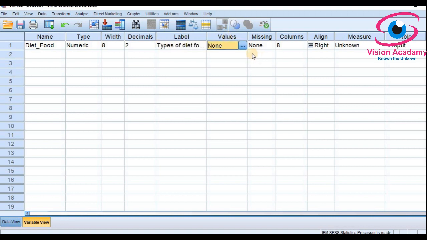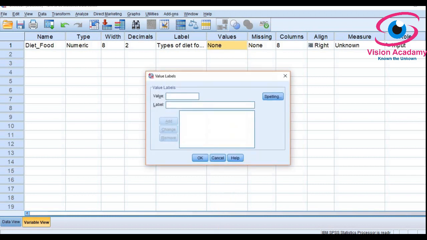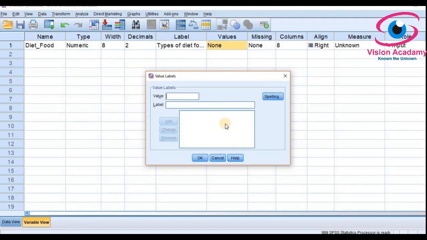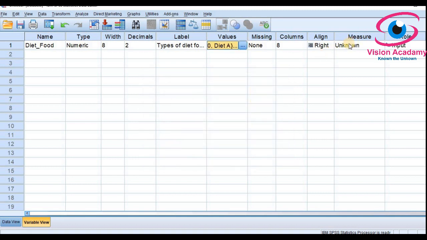In the types of diet foods, we have two types, as you see here: diet A and diet B. I will enter the first one, diet A, and add the second one, diet B. This is in the form of a category.